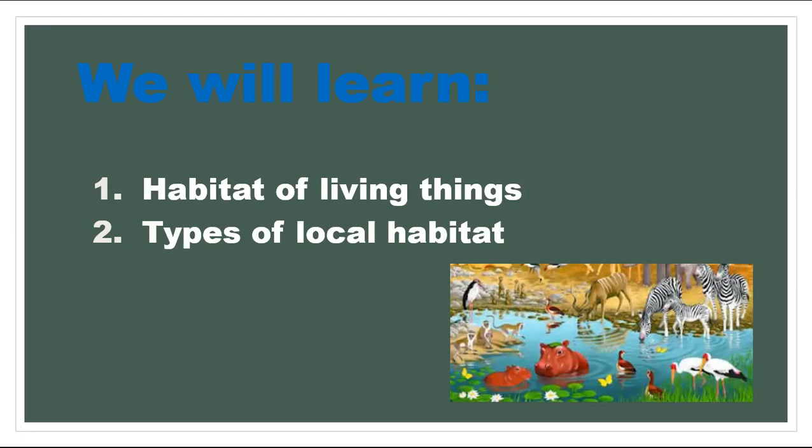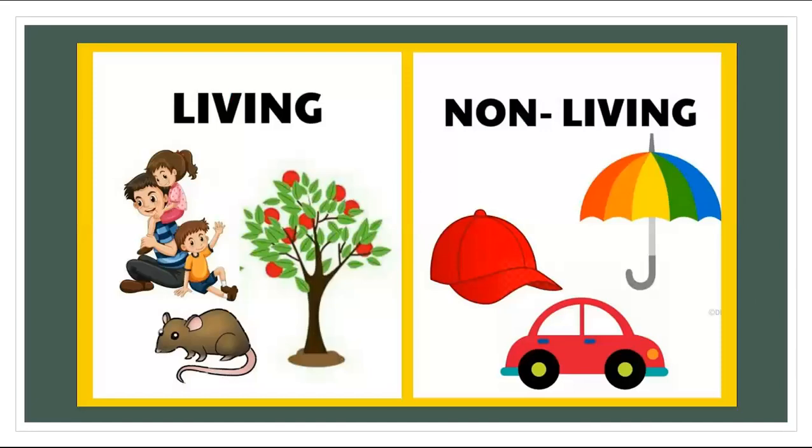Okay, they are living because living things need water, living things need food to grow, living things need fresh air, living things need shelter, home, where they can feel safe, right? When rain happens, they can hide inside the home, the shelter. Okay, so what is living and non-living?